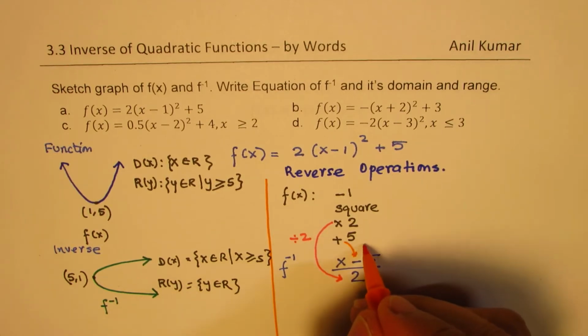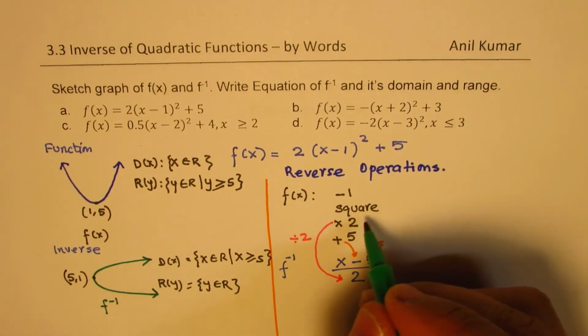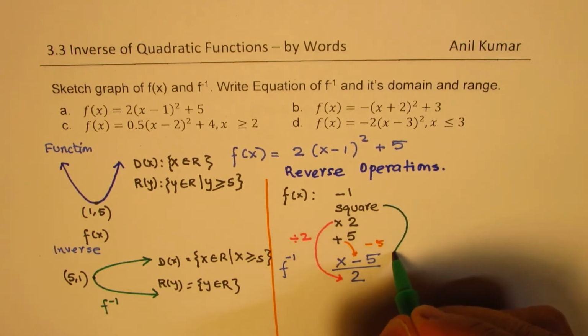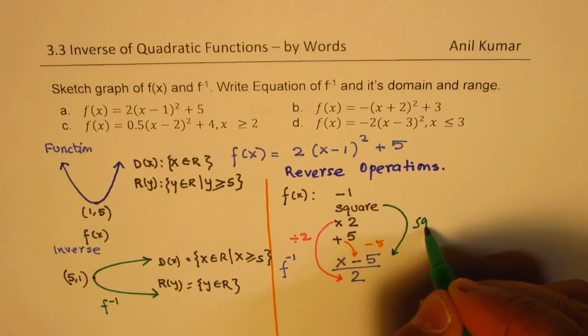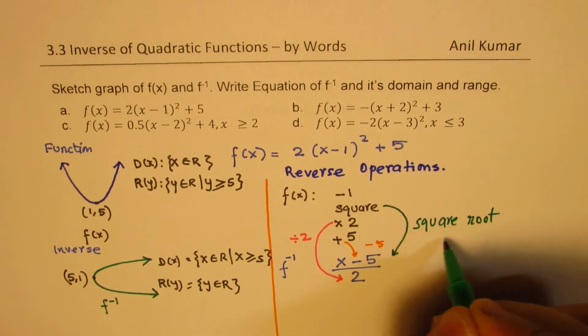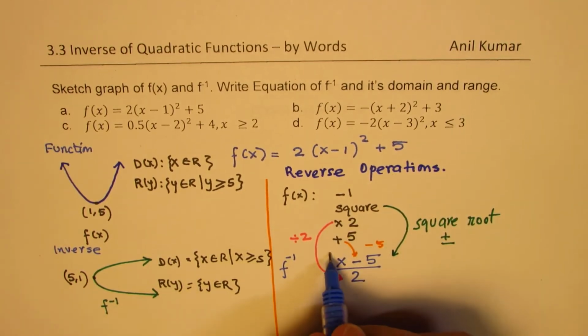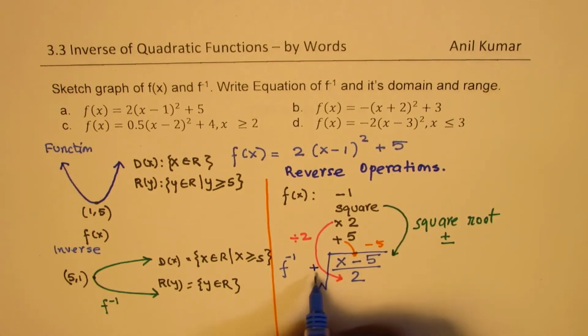The first one was take away 5. And now we have square root. Square means square root, right? So the reverse of this will be what? Square root. Whenever you do square root, you have to write plus and minus sign, correct? So we'll do the square root of all this, and we'll write plus and minus, correct?